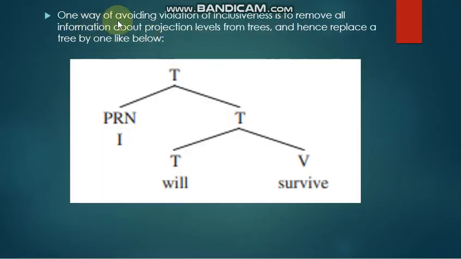So, one way of avoiding violation of inclusiveness, according to him, is to remove all information about projection levels from trees and hence replace a tree by one like below, as you can see. So he actually revised it.